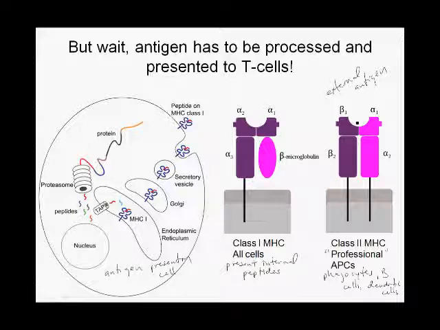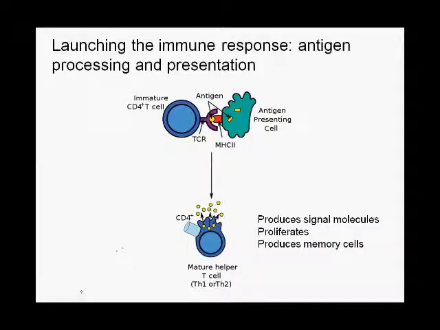These are peptides that are processed, meaning the proteins are chopped up into peptides, and the peptides are loaded into MHC molecules and displayed on the cell surface. What's the point? Well, here we have a professional antigen-presenting cell displaying its endocytosed goods on MHC2 molecules on the cell surface.